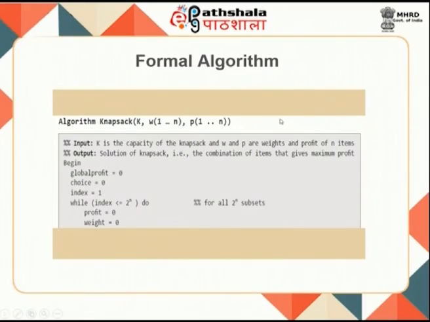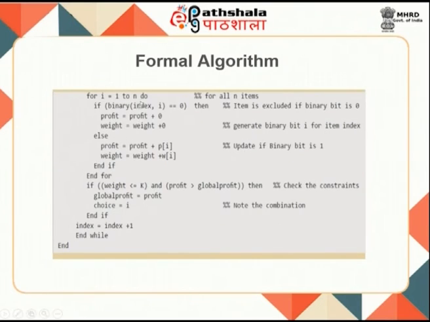This is how the formal algorithm is going to look. K is your knapsack, and W and P are the weights and profits of the n items. You can see that global profit is 0, choice is 0, index is 1. Here I am generating all the structures, and if an item is included, you can see the profit is added, otherwise it is 0.